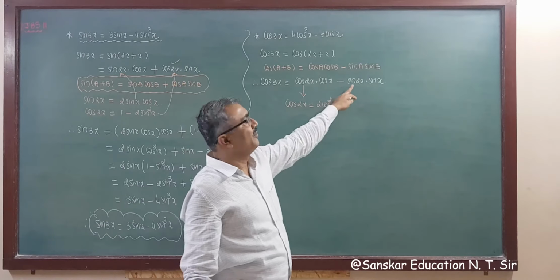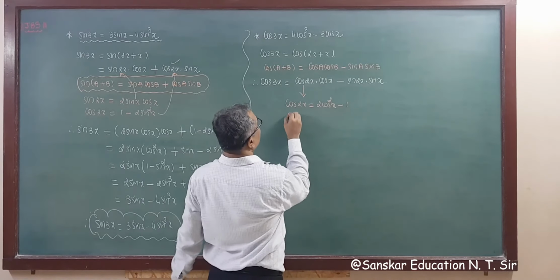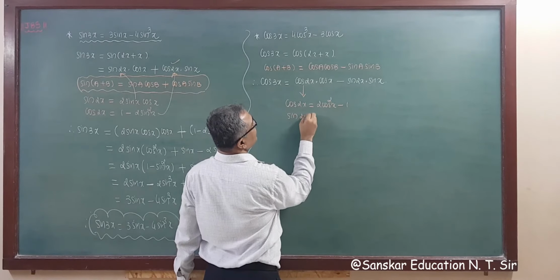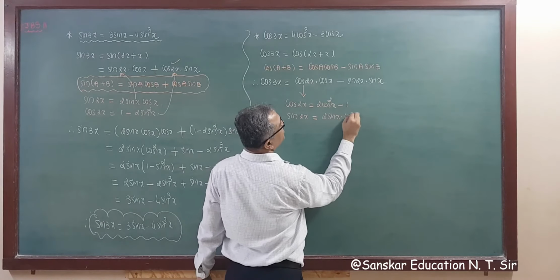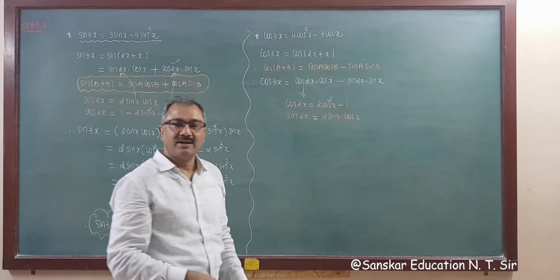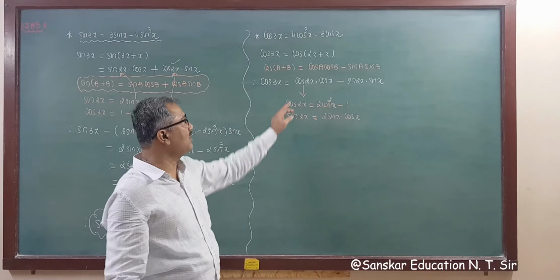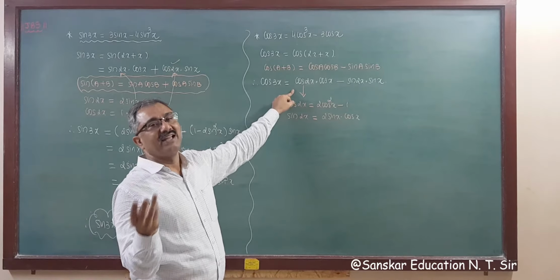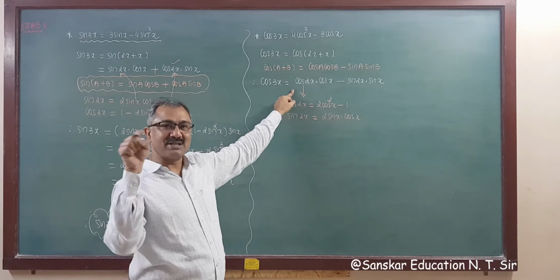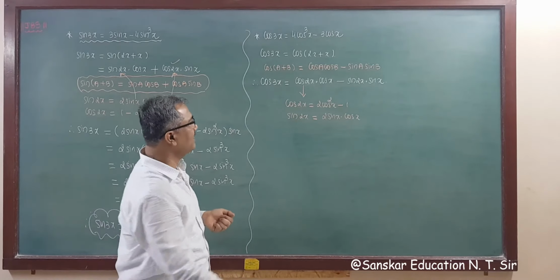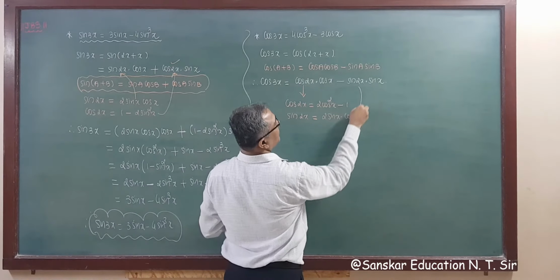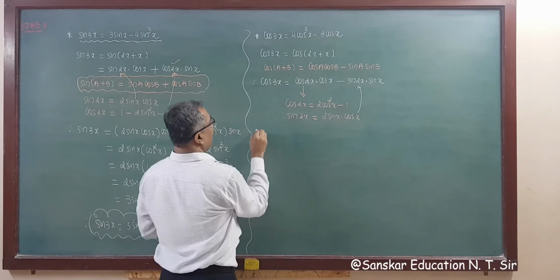And for sine, sin 2x is 2 sin x cos x. For cos 2x there are three formulas: in terms of cos, in terms of sine, and in terms of sine and cos both, right? So applying this formula here, what do we get?